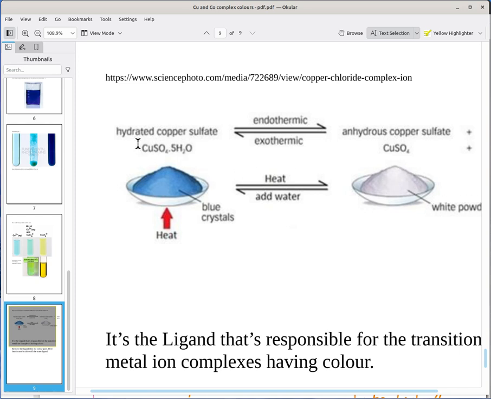So if you take copper sulfate, which normally exists as a hydrated salt, CuSO4.5H2O, and we heat it up, the water will come off, and we'll be left with anhydrous copper sulfate, which is white. So the only difference between the white one and the blue one is that we have this ligand present which is bonding to the copper, and that causes it to have color. We'll see this in more detail later.